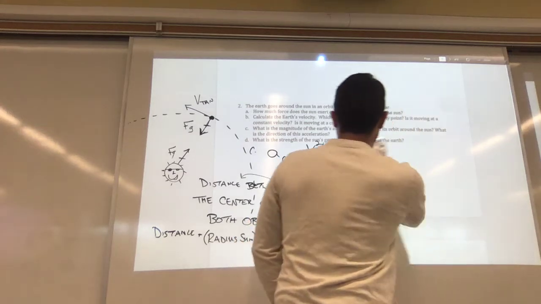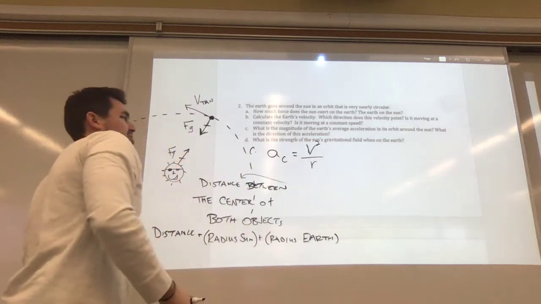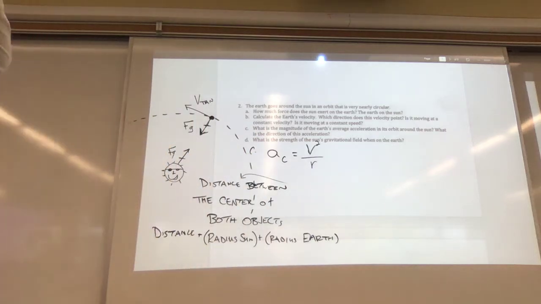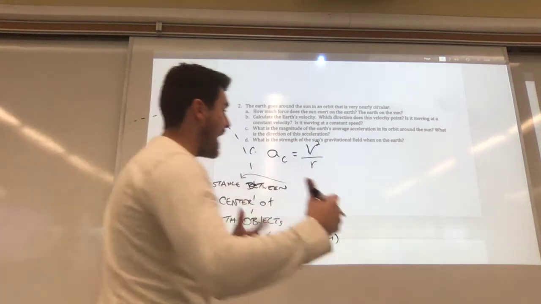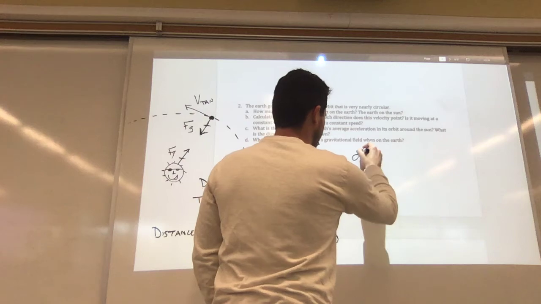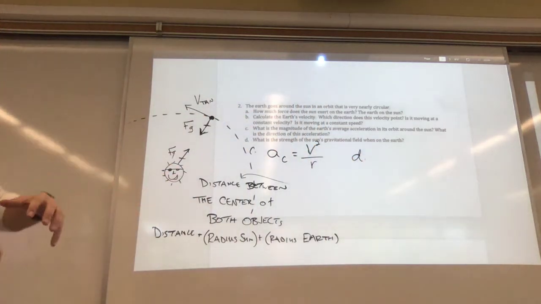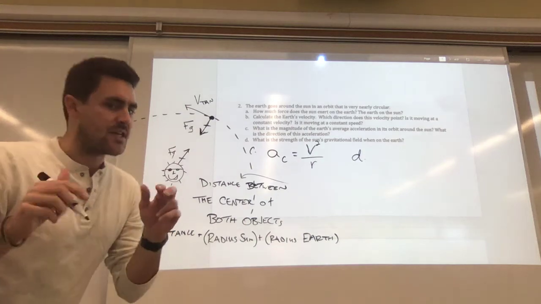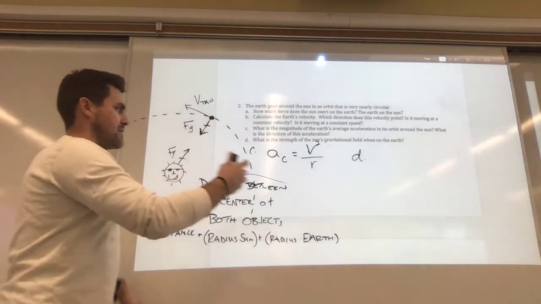Question D is a little bit like what we did on worksheet number 5. It asks, what is the strength of the Sun's gravitational field at the location of the Earth in our solar system? Well, remember, the gravitational field is essentially the acceleration due to the Sun at the Earth's distance.